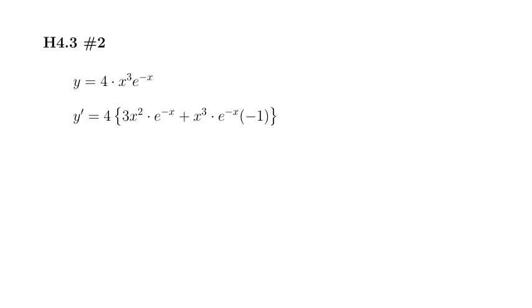Actually, I don't like this curly bracket, so I'm going to turn it into a square bracket. Since e to the negative x is in common, I'm going to pull it out here, putting the e to the negative x right here.